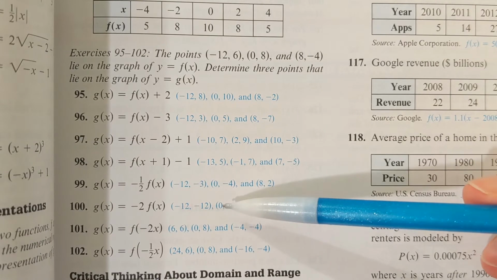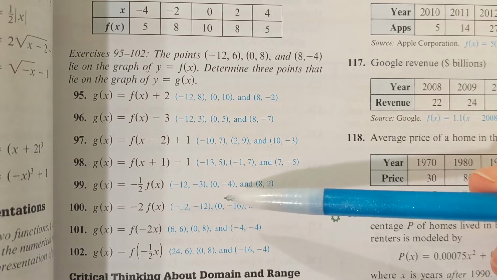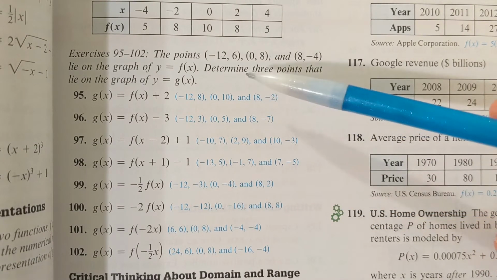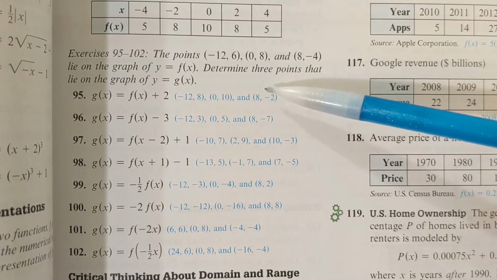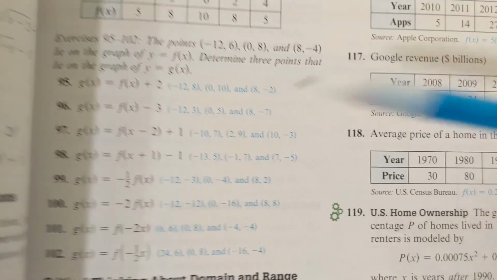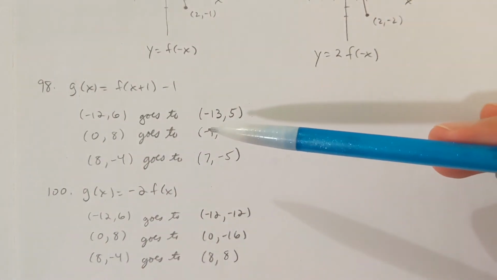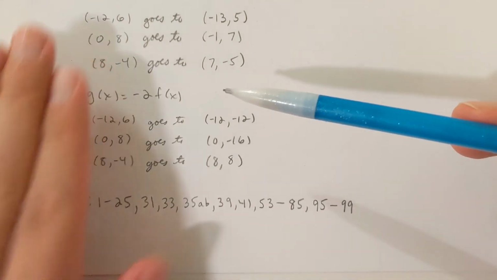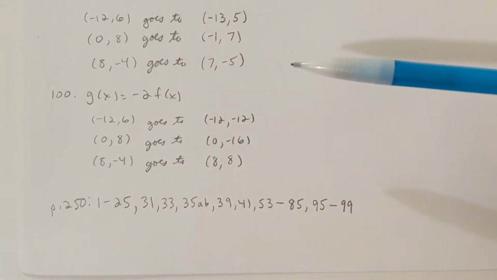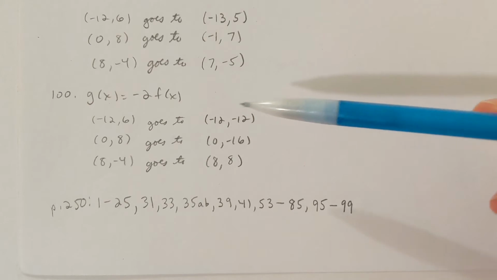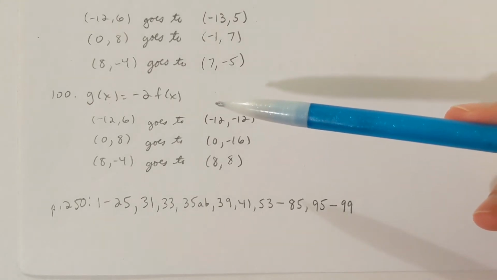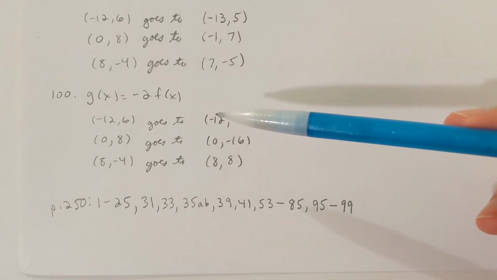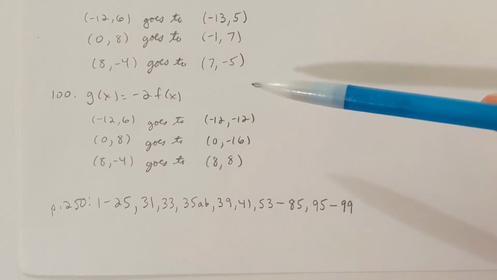Problem 100. g of x equals negative 2 times f of x. The same 3 points are on the graph of f of x. So g of x is equal to negative 2 times f of x. Basically I'm going to multiply the y values by negative 2.